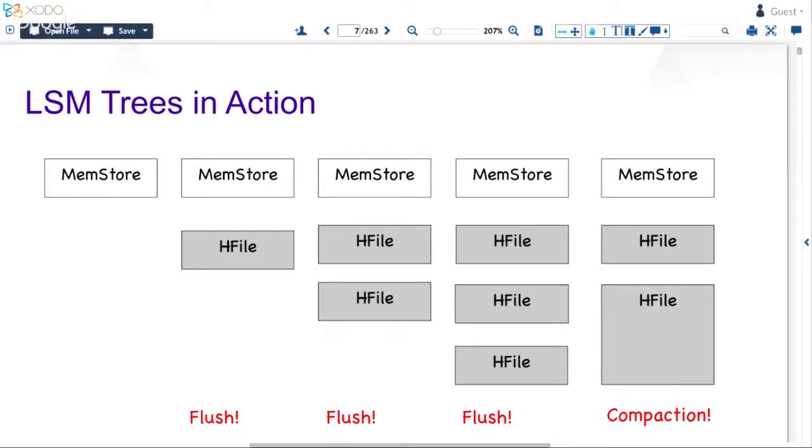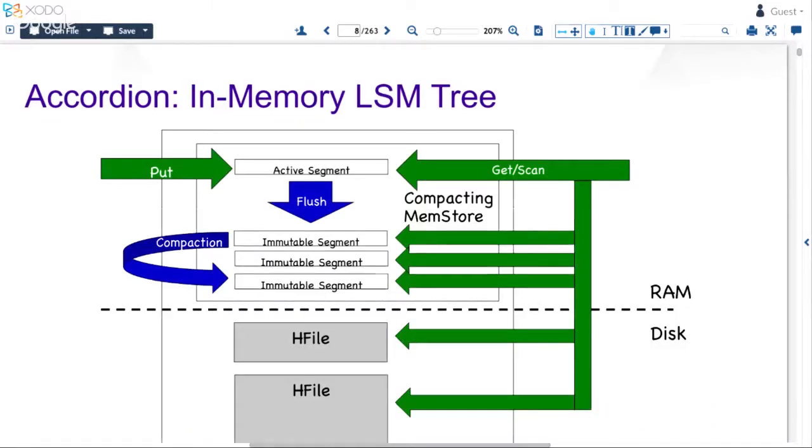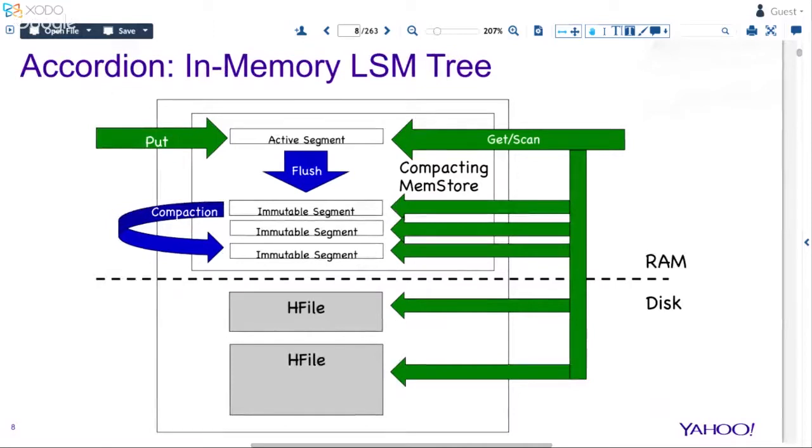It happens once in a while, and it's a pretty painful process. So we'd like to have this event be as infrequent as possible. Basically, when we speak about Accordion, it's exactly the same thing. It just reapplies the LSM tree design to the in-memory data structure.